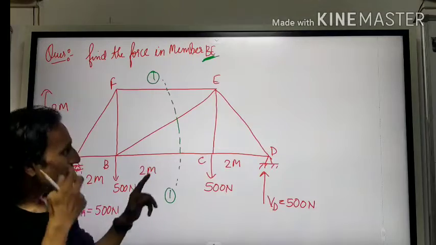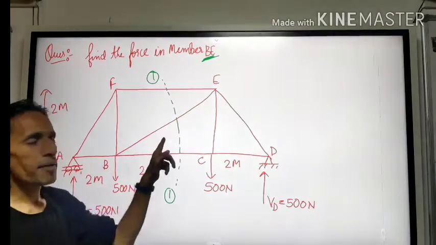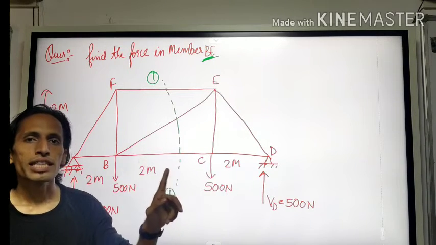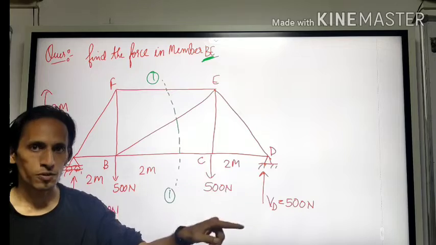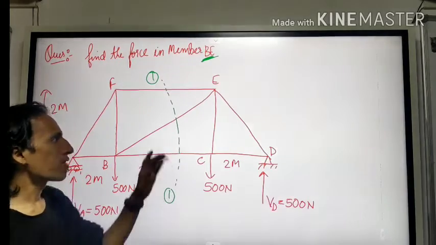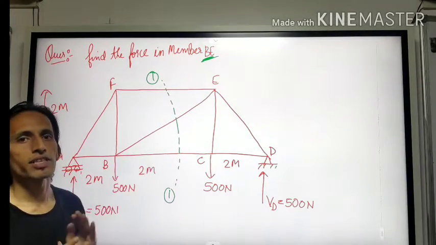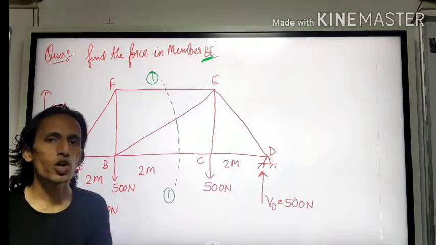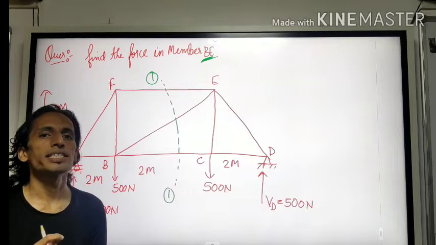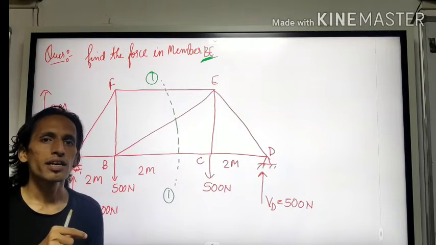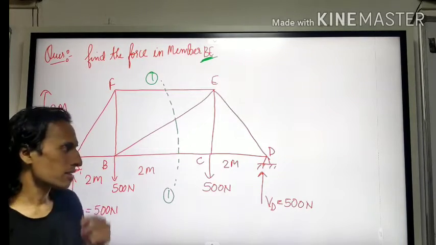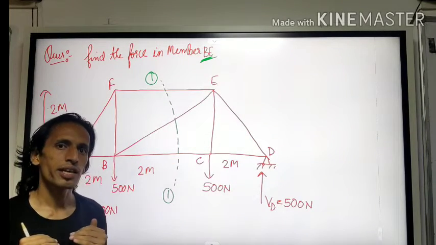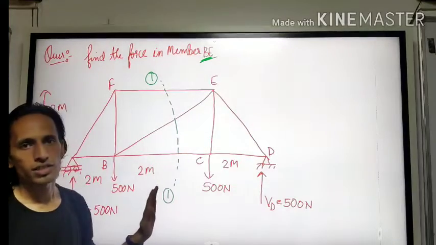If I apply summation of forces in the vertical direction equal to 0, since these 2 members are in the horizontal direction, they will not participate in that equation. So I thought of this first, then I drew this section.